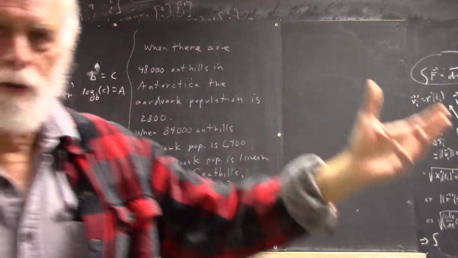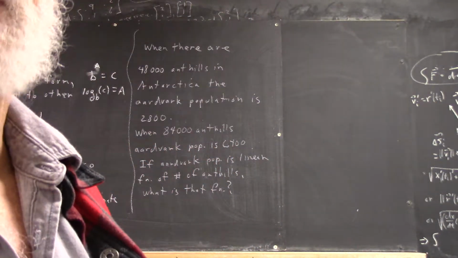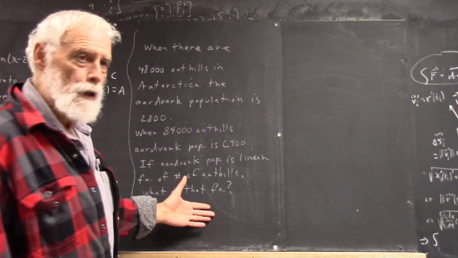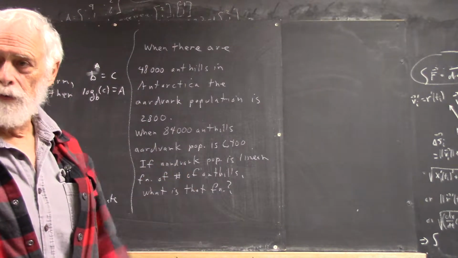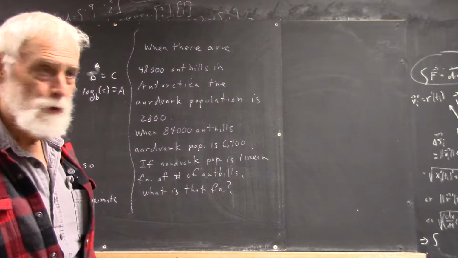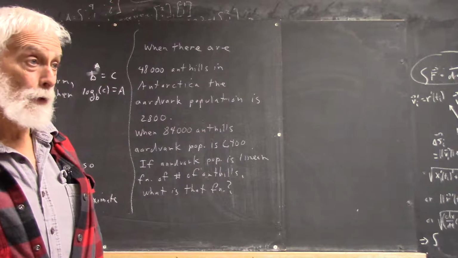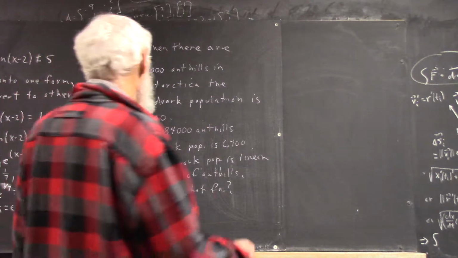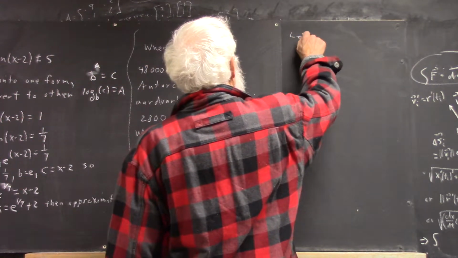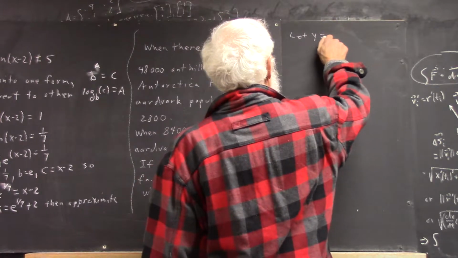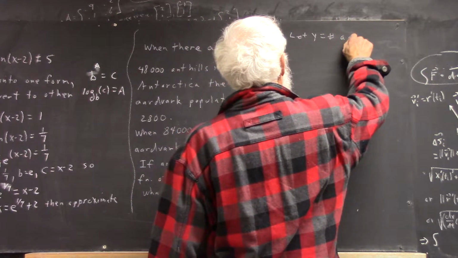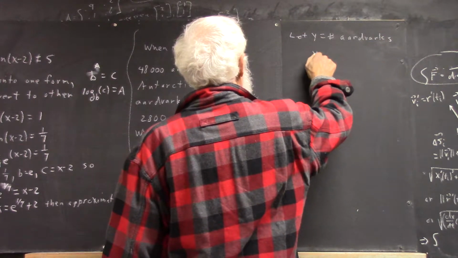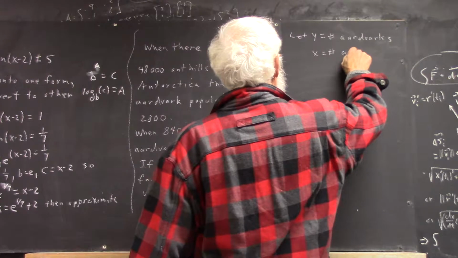Now, the method I'm going to give you here is very simple. Anytime you have a linear model like this, and you're going to have 8 linear models to do on your homework this weekend, you do them all the same way. It's very simple. You let y equal the number of aardvarks and x equal the number of anthills.